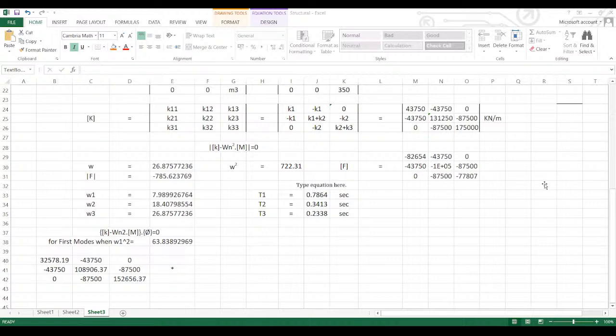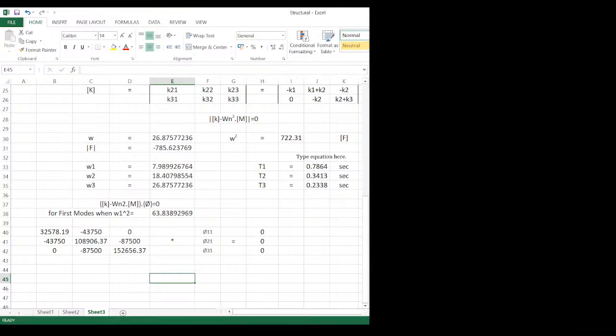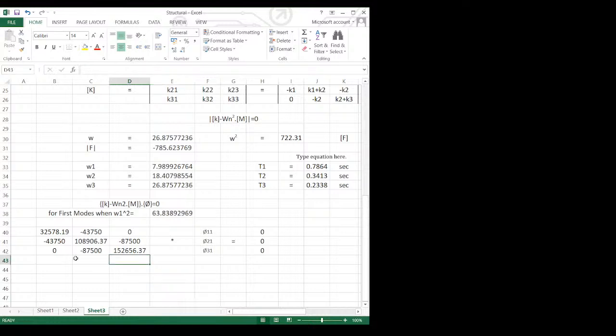We have calculated 511, 522, that is the phi matrix, that is Q1, phi matrix is equal to 0. We have got this equation, this equation is equal to 0.